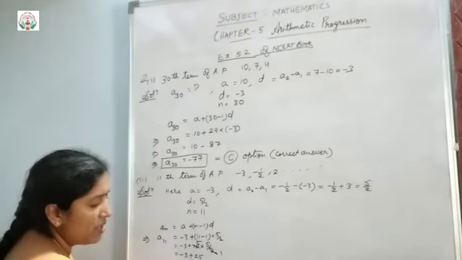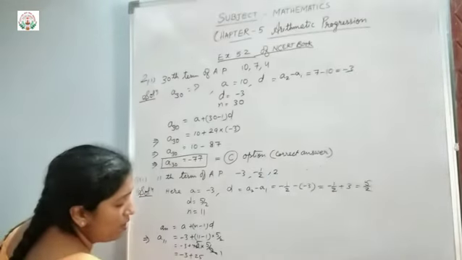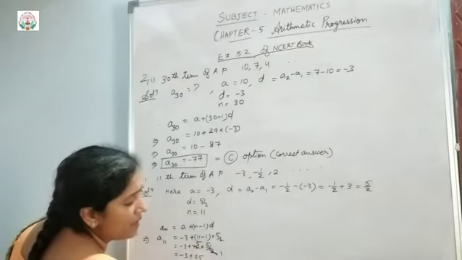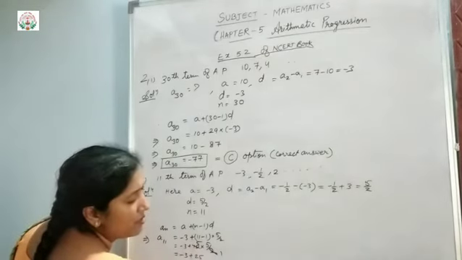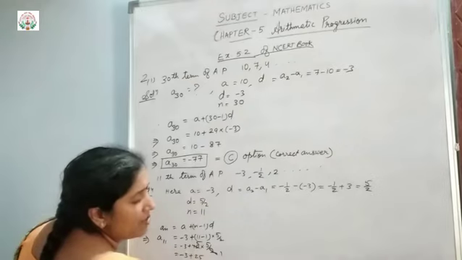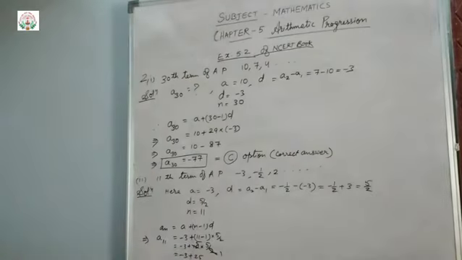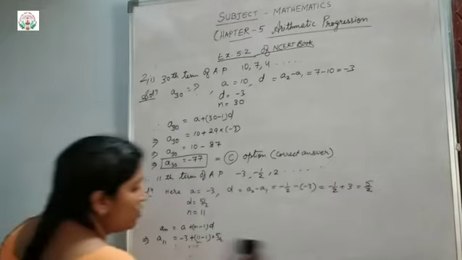So this is there in option B. So option B is the correct answer. Dear children, understood? Likewise, now go for the third one. The third question we'll see now.